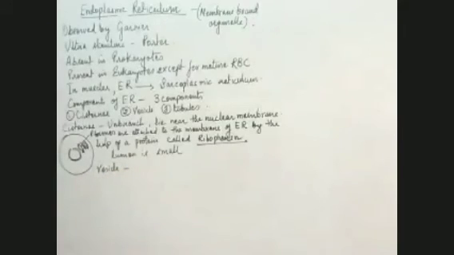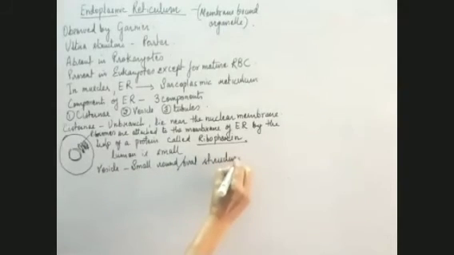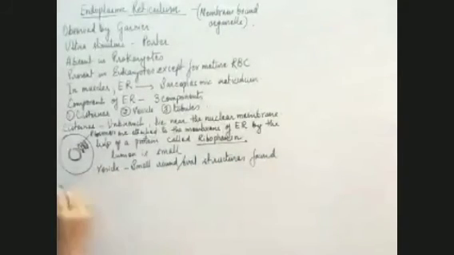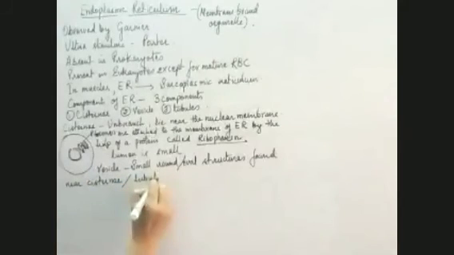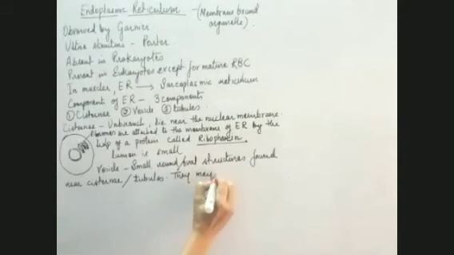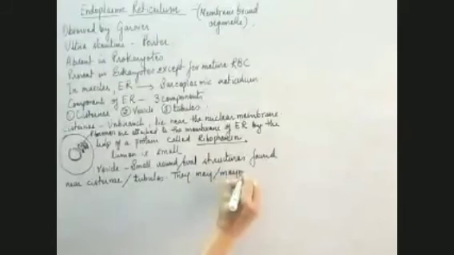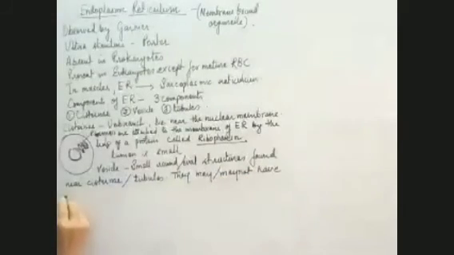Vesicles are small, round or oval structures found near cisternae or tubules. They may or may not have ribosomes.